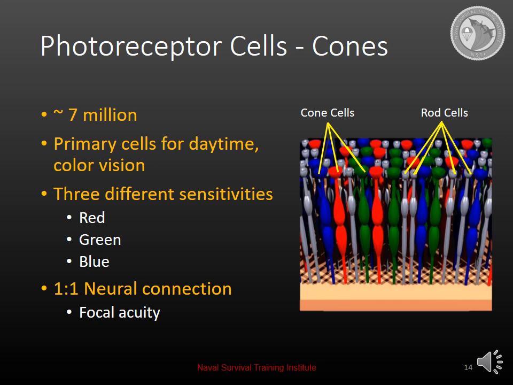This is why if you were to get really close to your computer screen right now, you would see that your screen is really just a series of red, blue, and green dots at various levels of brightness. But far enough away, your brain mixes those signals and turns them into the full spectrum of light. Your cones have a one-to-one neural connection, meaning every single cone cell has a dedicated nerve fiber that connects it to your brain.